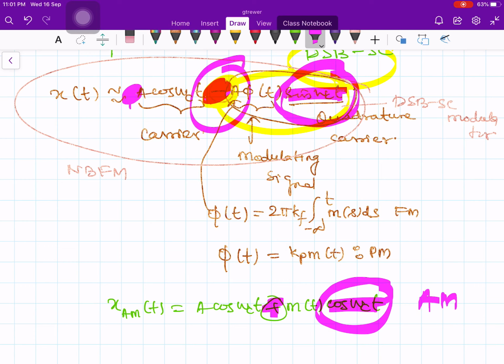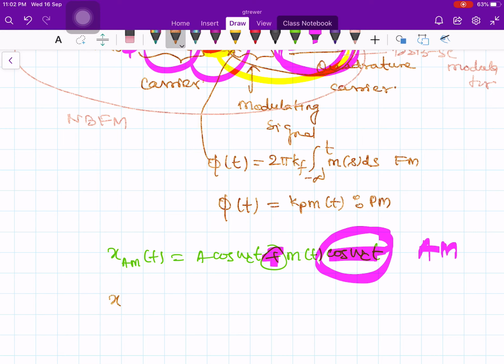In narrowband FM, the carrier part and the quadrature carrier part are 90 degrees apart. Although the basic frequency components remain the same, their relative phase differences are totally different. That is, the phase gets reversed in the case of the FM signal.